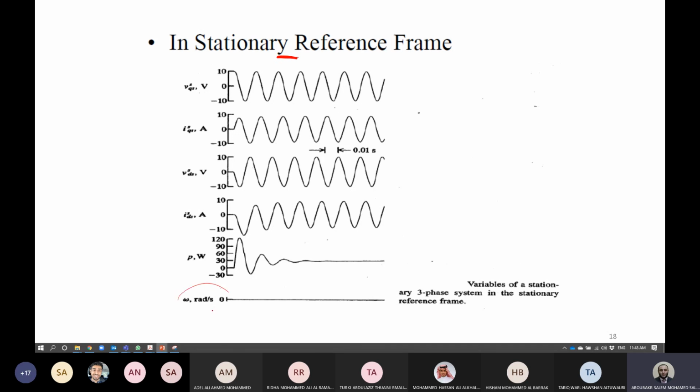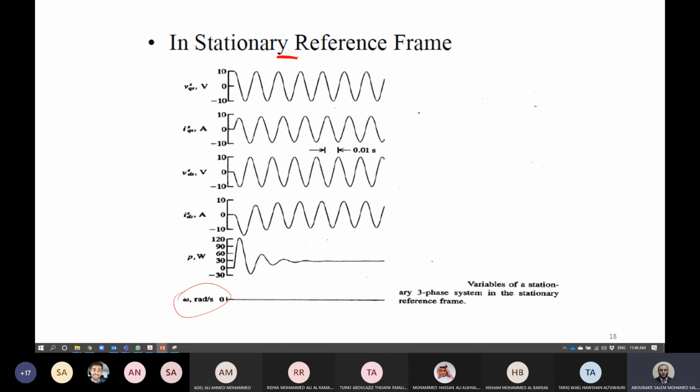So as you can see here, we substituted omega equal 0 in the equations we got previously. If you do that, you will find that VQ is moving sinusoidally like that. The same is also for IQ, and the same is for VD and ID, and there will be a phase shift of 90 degrees between Q and D component. If you would like to calculate the power, it will be finally at a certain value, like that, and it will be constant at steady state.